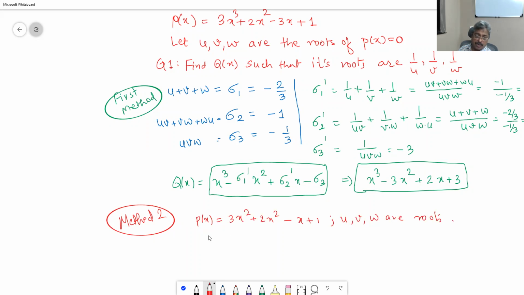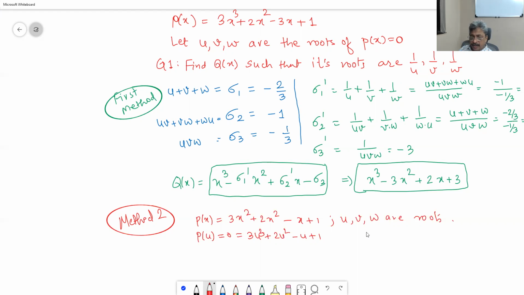So in other words, what we are saying is P of u is equal to 0, which means 3u cube plus 2u square minus u plus 1 is equal to 0, right?